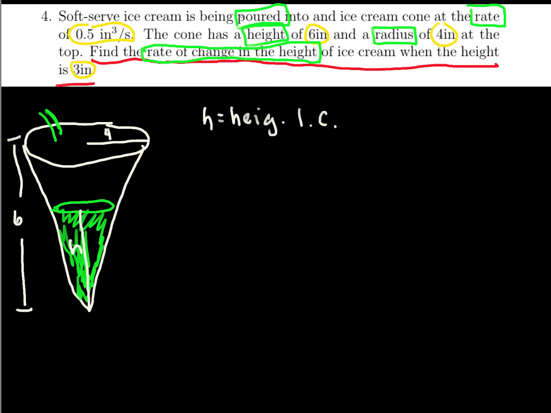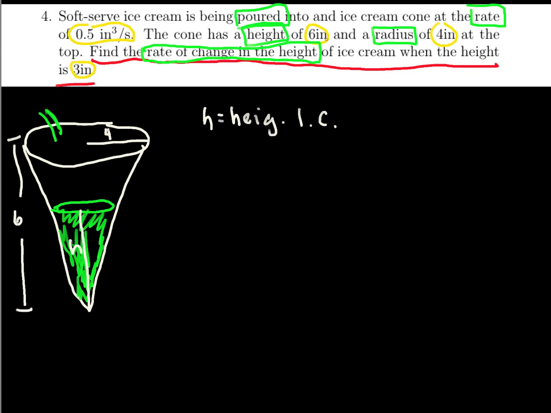Well, the ice cream is being poured into the cone at a rate of 1/2 cubic inches per second. And at first blush, it might not be clear what this is, but the units give a hint. It's cubic inches, so this is a volume.